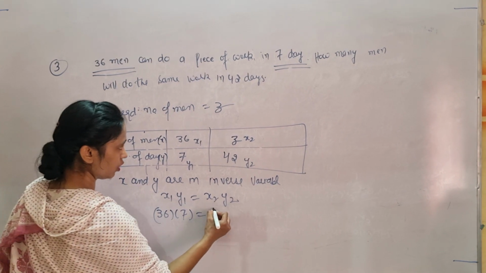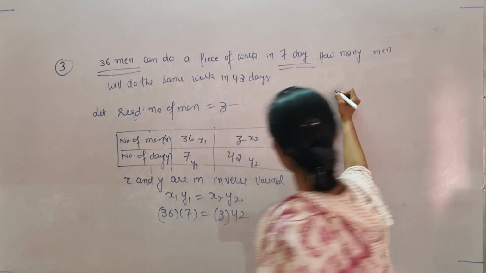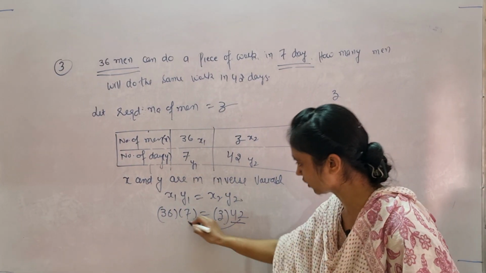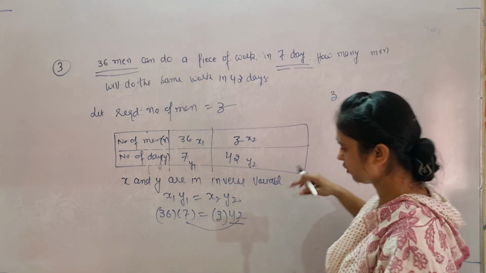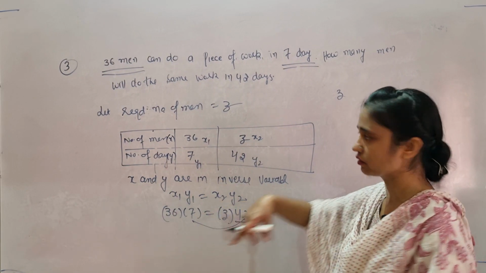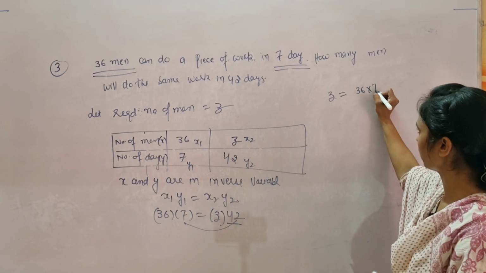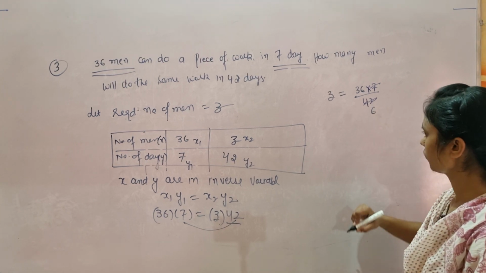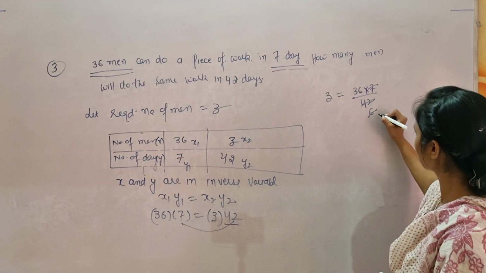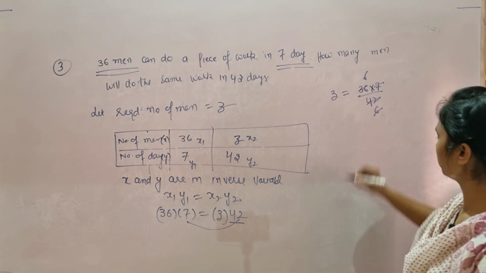So z will be equal to 36 into 7 upon 42. Shift the 42 to the other side: it is multiplying, so on the other side it will divide.